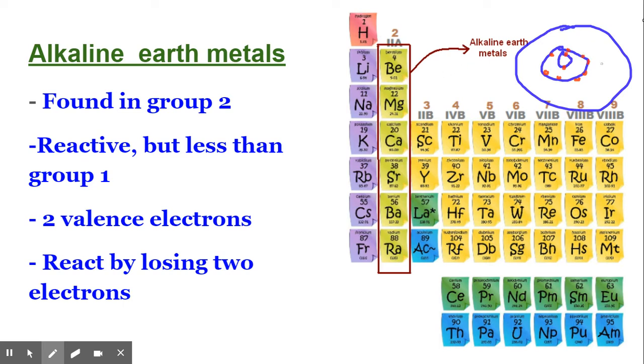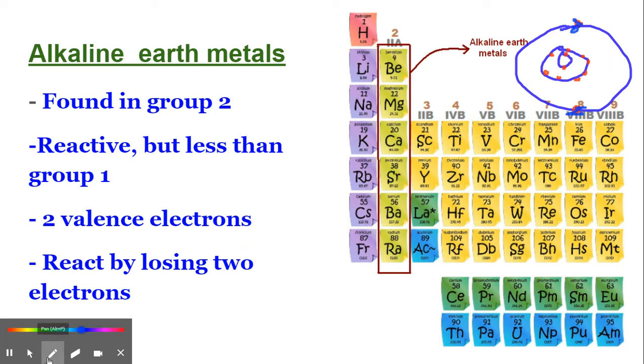Okay, we want 12 though. So we have 2 on the outside. All right, so if we lose these 2 electrons, what ends up happening is this energy shell here has 8. So that's full. So things react to become full, in other words, to become stable.